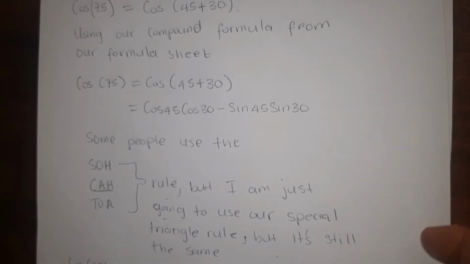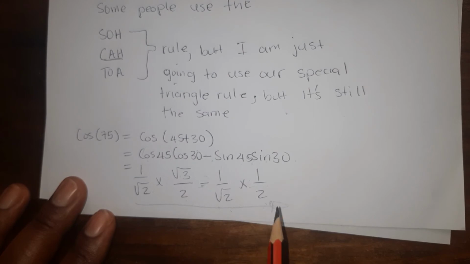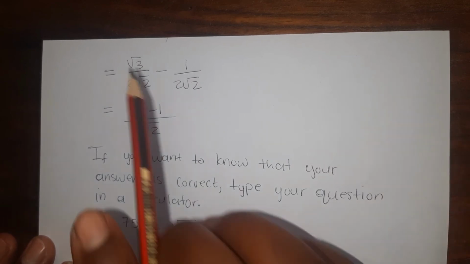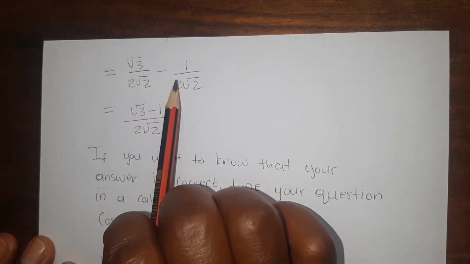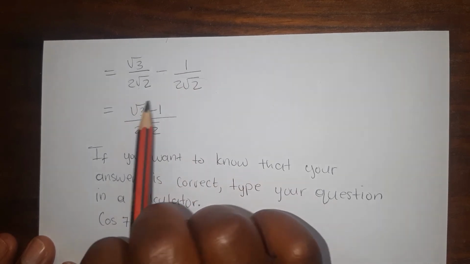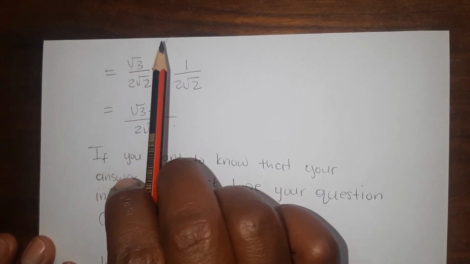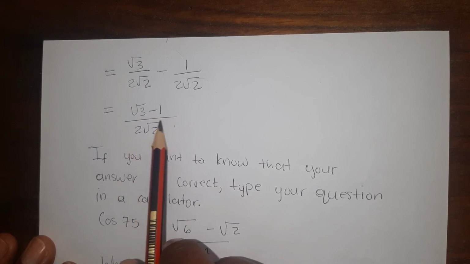And when we simplify this further, we get square root of 3 over 2 root 2 minus 1 over 2 root 2. Our denominators are the same, so we keep it and subtract our numerators. So square root of 3 minus 1 over 2 root 2.